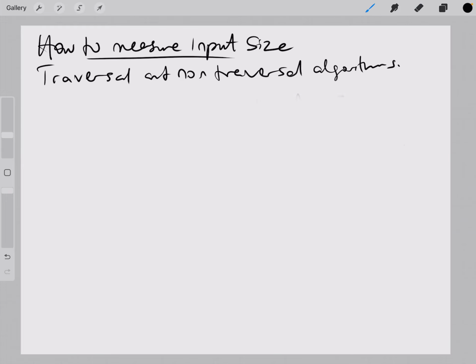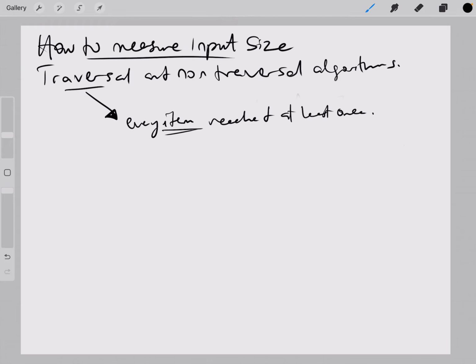What are traversal algorithms? Traversal algorithms are algorithms in which every item in the input is reached at least once. In this case, let's say we are sorting, everything has to be compared, and because of that, every item is visited, and that makes it a traversal algorithm.